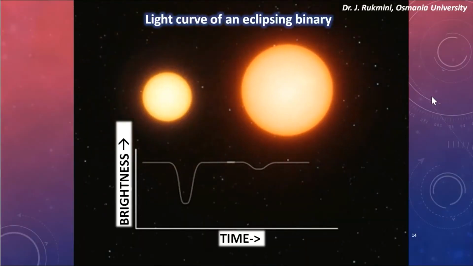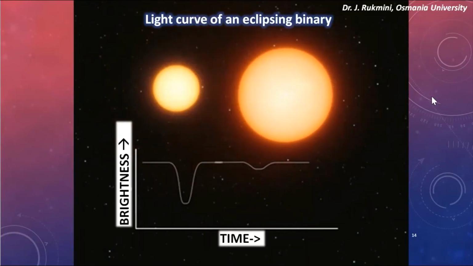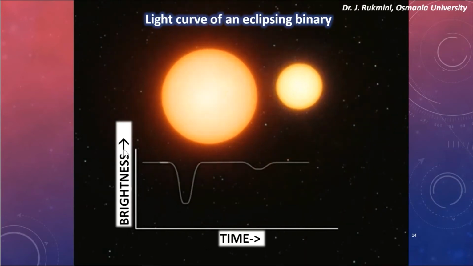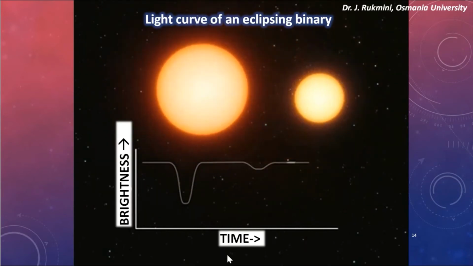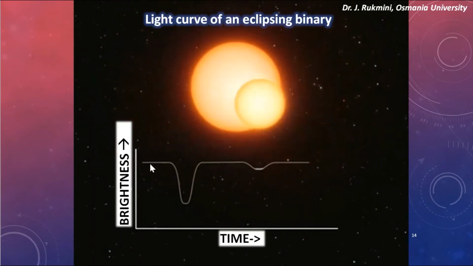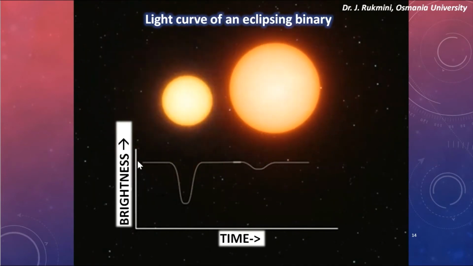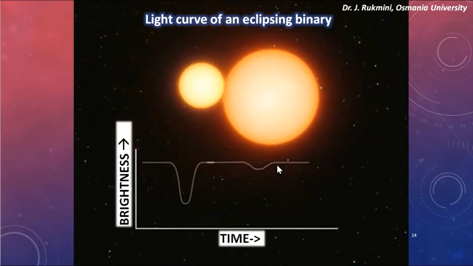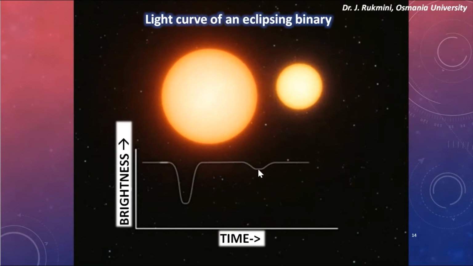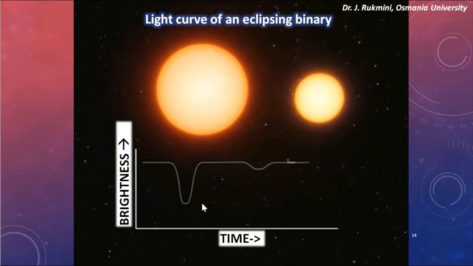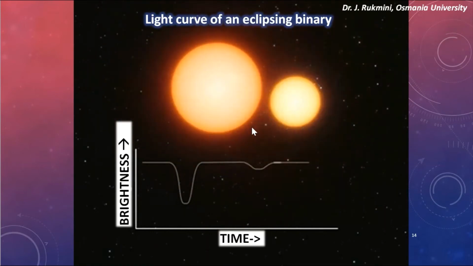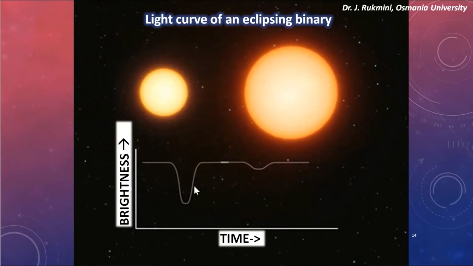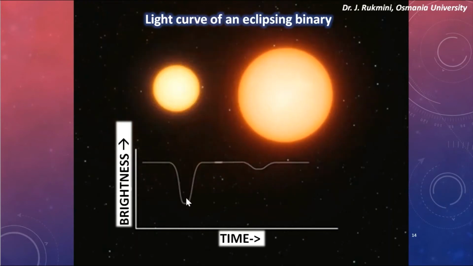So once again, a light curve is a graph plotted for the variation in the brightness of the system with respect to time. When the brightness is maximum, that part of the light curve is known as maxima. When the brightness dips to a certain minimum value, that is known as minima. You can see here, when the brighter star is eclipsed, you have a maximum dip.